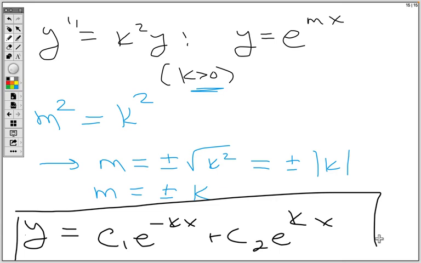But you may remember back to calculus, or you may remember back to take home 1, that e to the kx, e to the minus kx, there are some combinations of those that are sort of more convenient to use depending on what sort of discipline you're in.